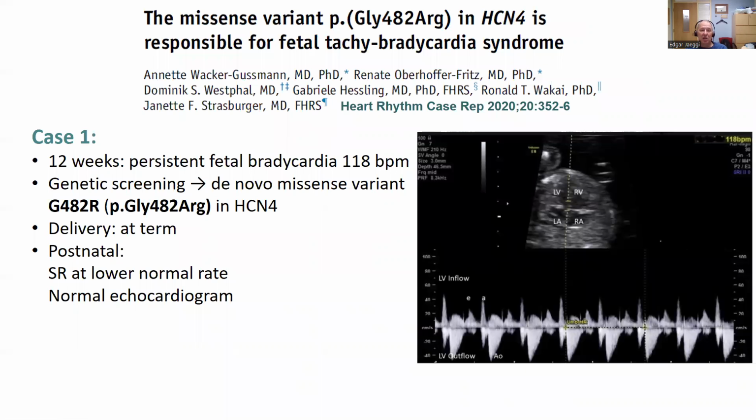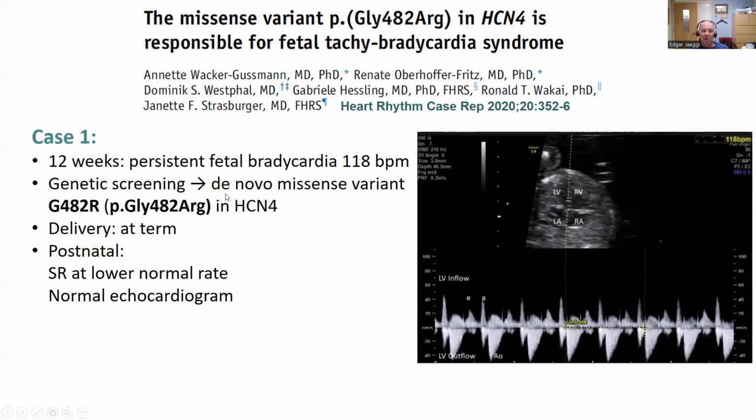As mentioned, there is one report affecting fetuses by the Munich group that reported 2 fetal cases 2 years ago in Heart Rhythm Case Reports. The first patient was diagnosed at 12 weeks for persistent fetal bradycardia, and genetic testing showed this mutation G482R.